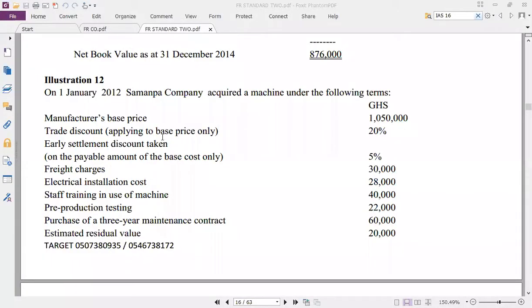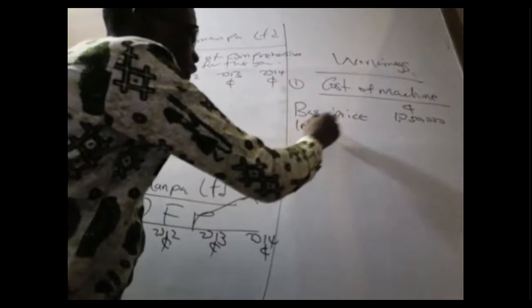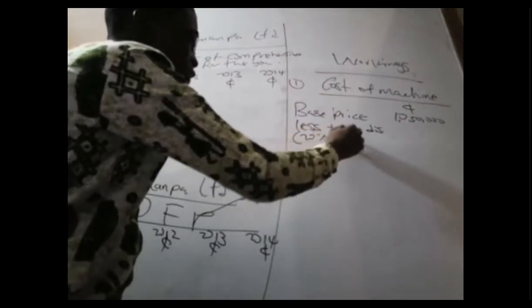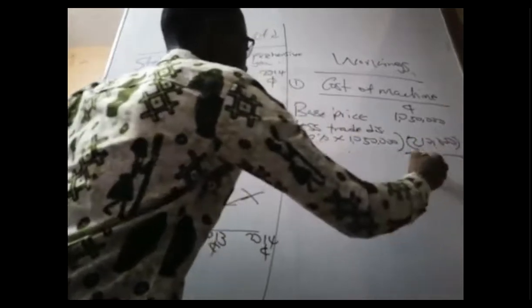Then the trade discount applied to the base price only is 20%. Okay. So trade discount must be subtracted. So 20% trade discount, that is 20% times 1050. And that will give us 210,000, right? Take it off. Let me do it.